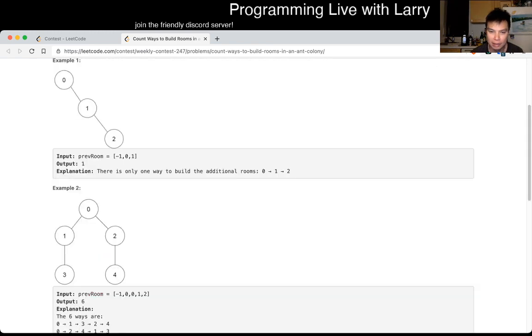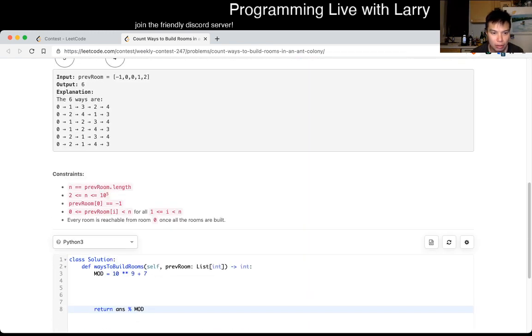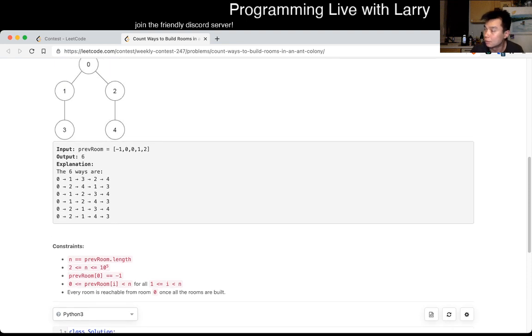A lot of people got this already. What is the math? I mean, this is just becoming a combinatorics problem, which I'm not good at, to be honest. Okay.